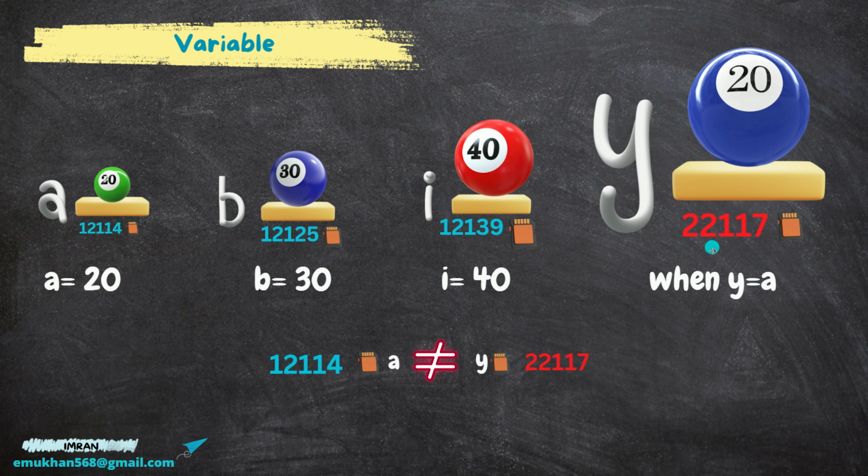The location of y is 2217 and the location of a is 1214. So they are not in the same position; rather they are in different locations. That is a fact.